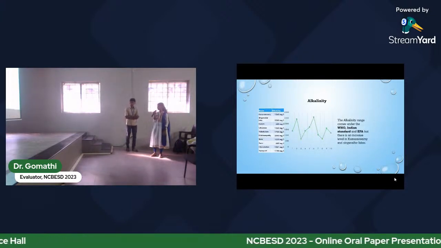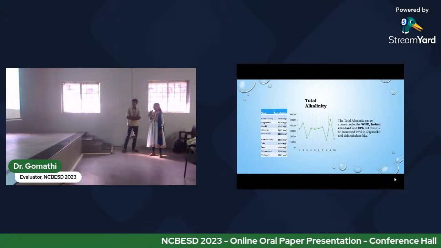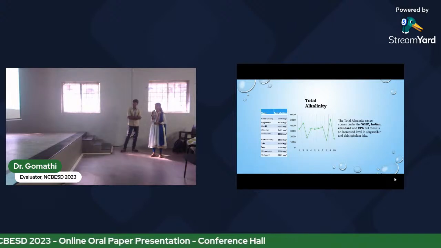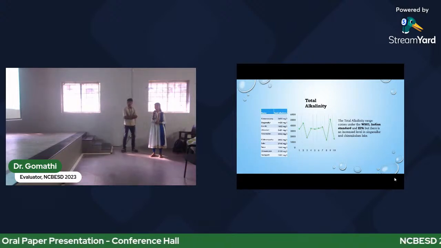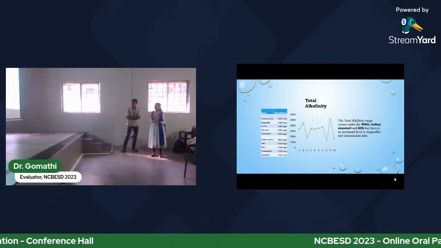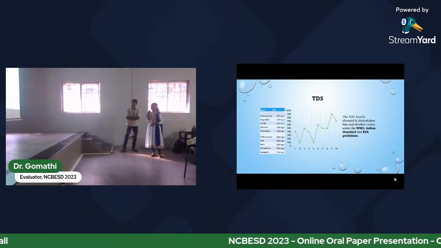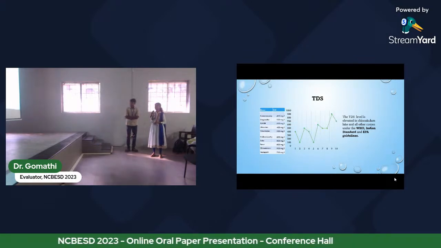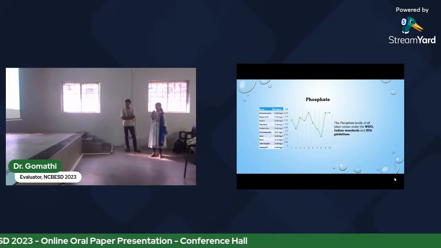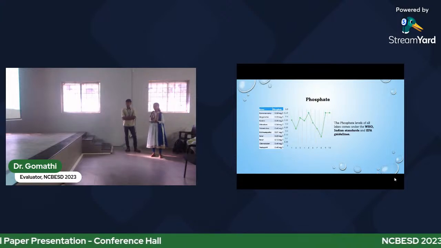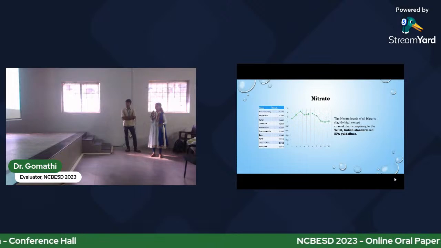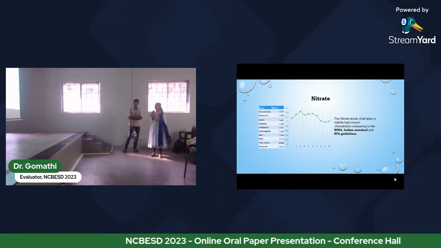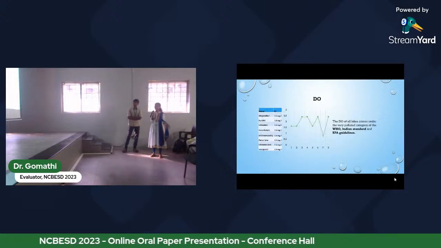And in alkalinity, in TDS, Chinnakulam is very much elevated and all other lakes come under the standards. All the lakes have a normal phosphate level. In nitrate, Chinnakulam has a comparatively very high level and all other lakes come under the guidelines.